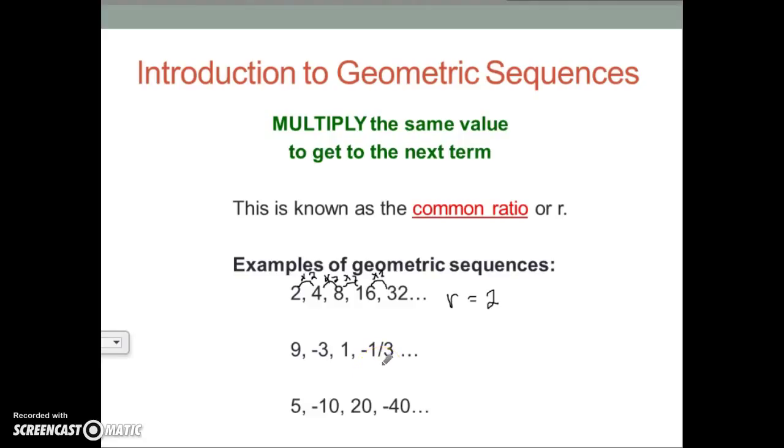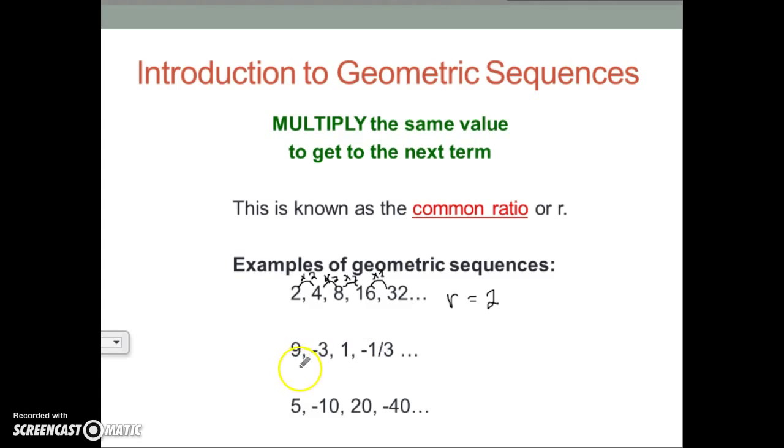I can also see in this sequence that my numbers are actually getting smaller. So it's kind of like we're dividing. But dividing is the same as multiplying by the reciprocal. So we just want to make sure we use the multiplying value, not what we're dividing by. But you can use division to figure out what that common ratio is, but then change it so that you're multiplying by the reciprocal.